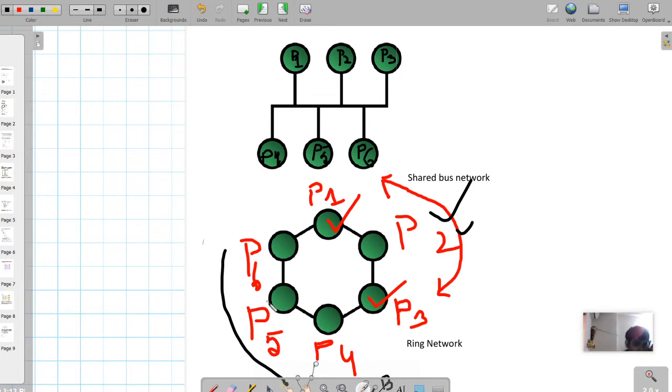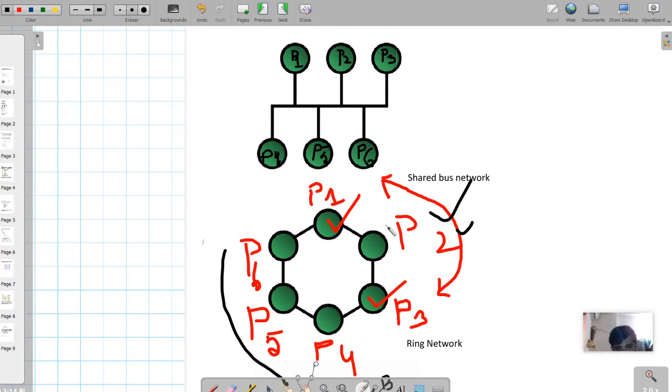Or in other words, say at some time instance, P1 is communicating with P3. At that time instance, some necessity has arisen that P2 has to communicate with P6. Can P2 communicate with P6? I hope the question is clear now.